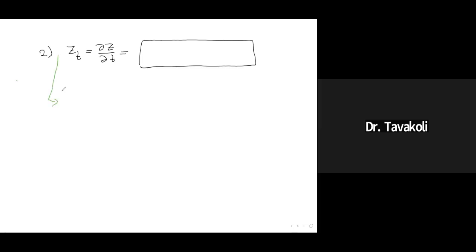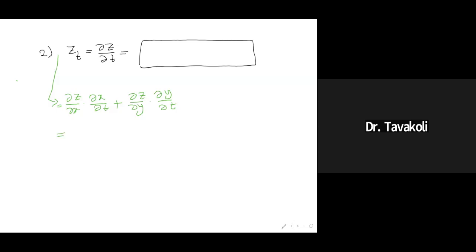Using the chain rule, this is going to be partial derivative of z with respect to x times partial derivative of x with respect to t plus partial derivative of z with respect to y times partial derivative of y with respect to t.